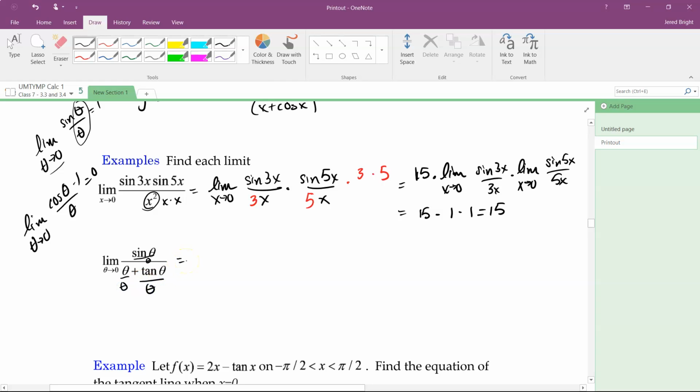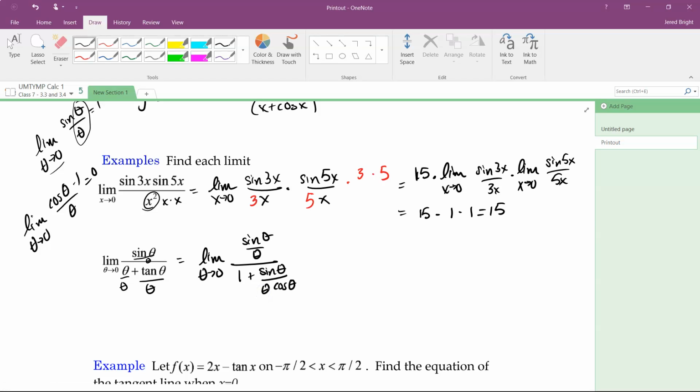As long as I do it to the numerator and denominator, I'm not changing the overall value. So this would be limit as theta approaches 0, sine theta over theta, all over 1, and then I'm going to write tangent actually as sine of theta over cosine of theta, and then I also need to incorporate that theta that's in the denominator there.